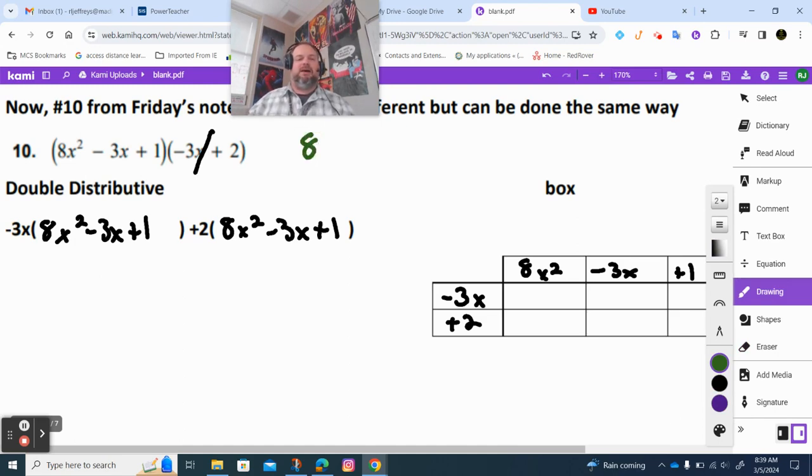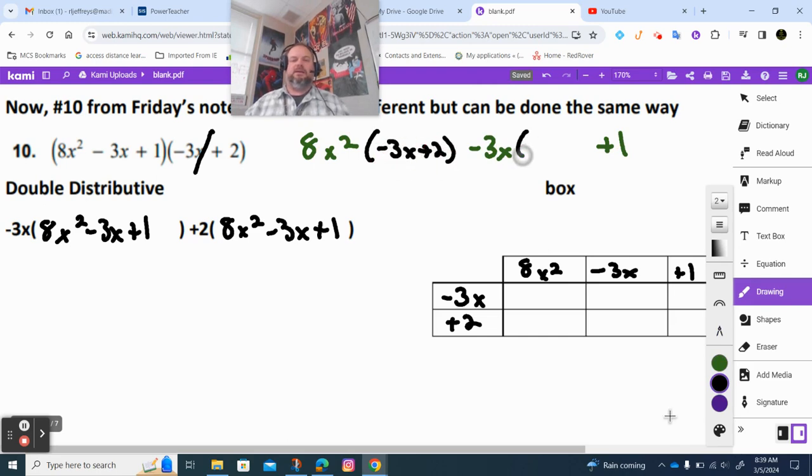He split up the trinomial and did it this way. Yes, because he actually said if you do it this way, Mr. Jeffries, all your like terms are in the same spot.